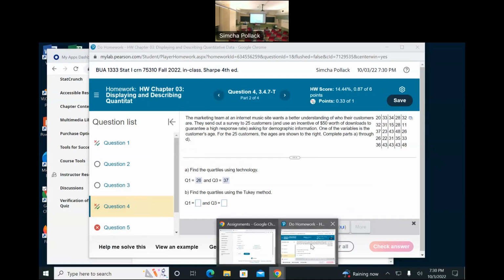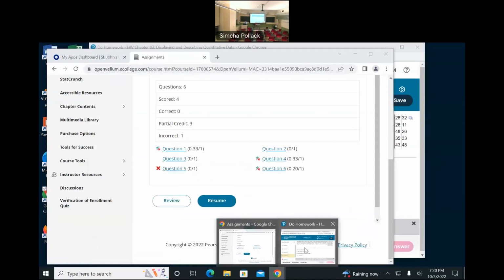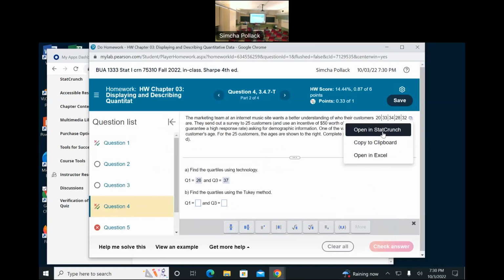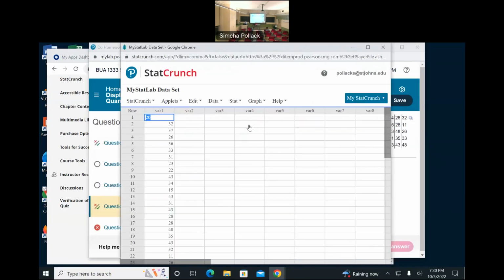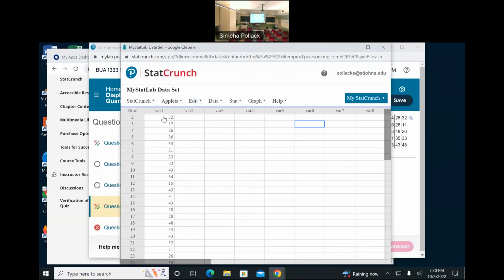Where's my data? Oh, do we still have it? Maybe I erased it. Let's put the data back into StatCrunch. Okay, now what we want to do is first put the data from lowest to highest, because the quartiles work with the middle of the second quarter, assuming the data goes from lowest to highest. And how many data do we have?